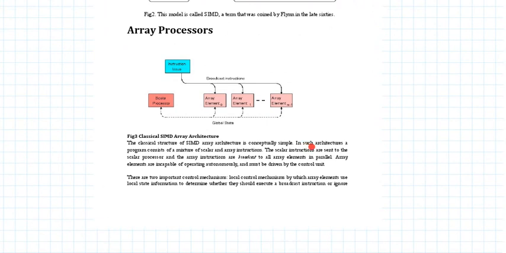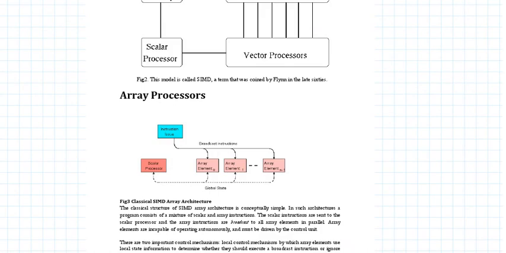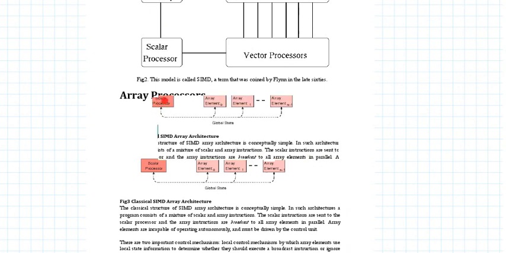In array processor architecture, a program consists of a mixture of scalar and array instructions, just as we did in our example. It is a mixture of scalar type instructions and vector type instructions. Scalar instructions will be sent to the scalar processor, and the array instructions are broadcast to all array elements in parallel. They can be executed in parallel.